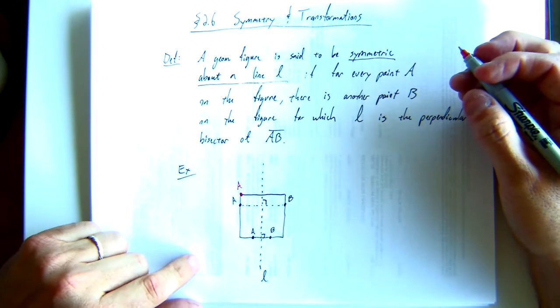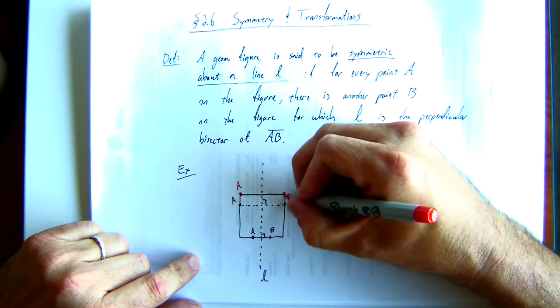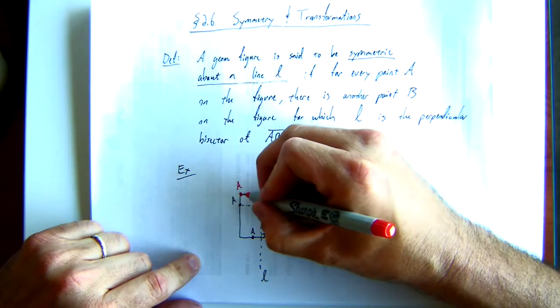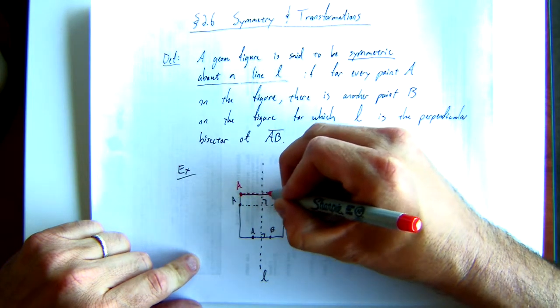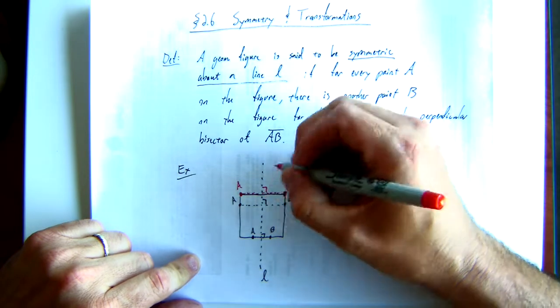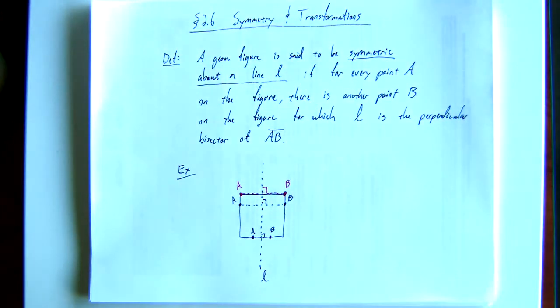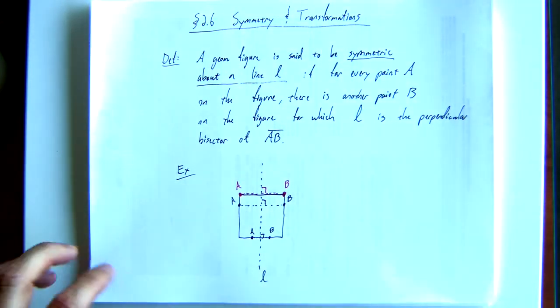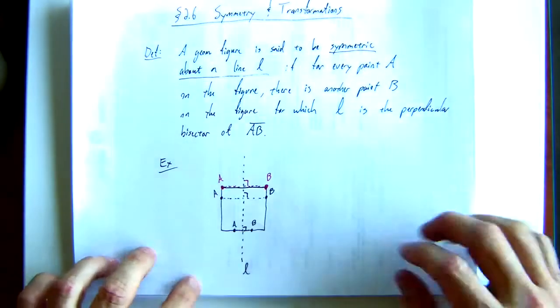Then which point is my B? So this would be my point B. And again, we have this line segment, AB, and line L is the perpendicular bisector for that line segment. So this is an example of a geometric figure which is symmetric about the line L.